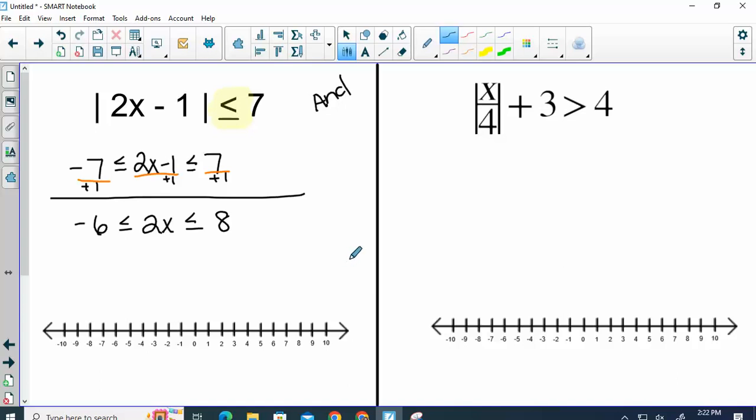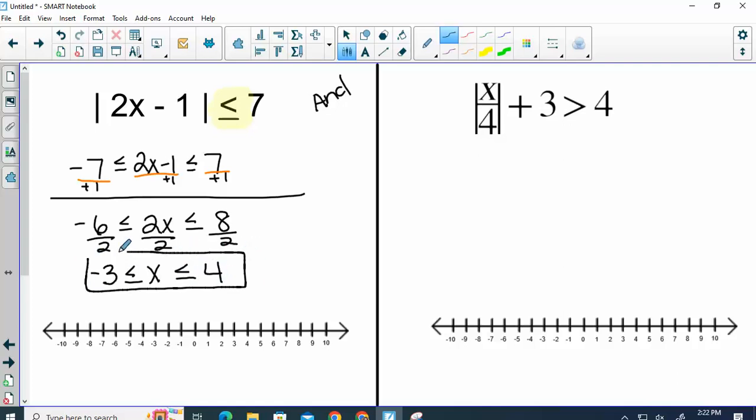Then we divide by 2, so we get -3 is less than or equal to x is less than or equal to 4. Okay, it was an and, so we get one big solution.